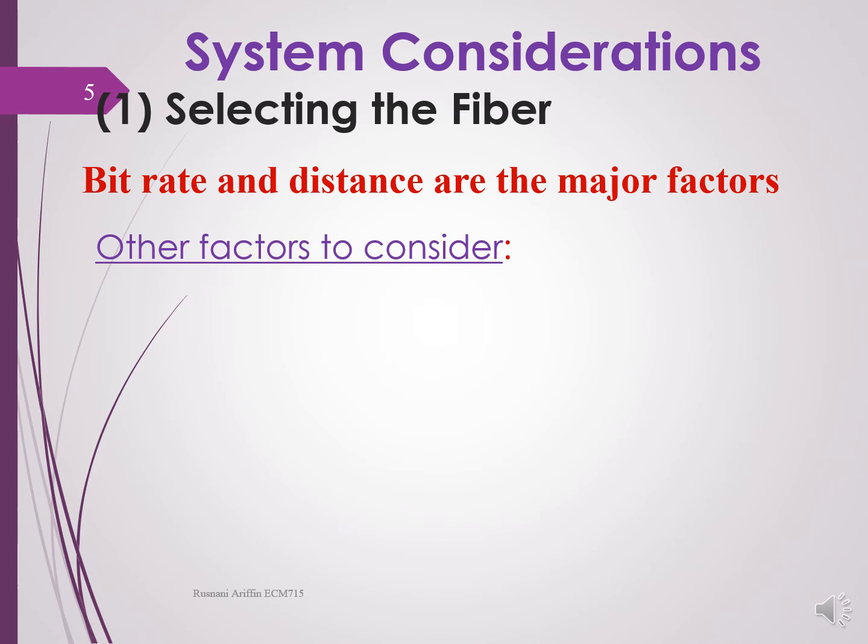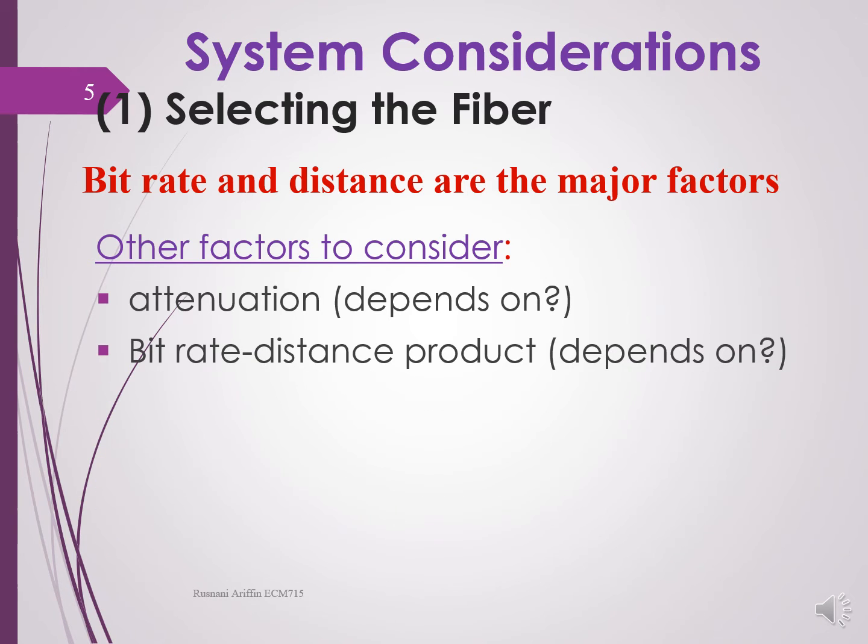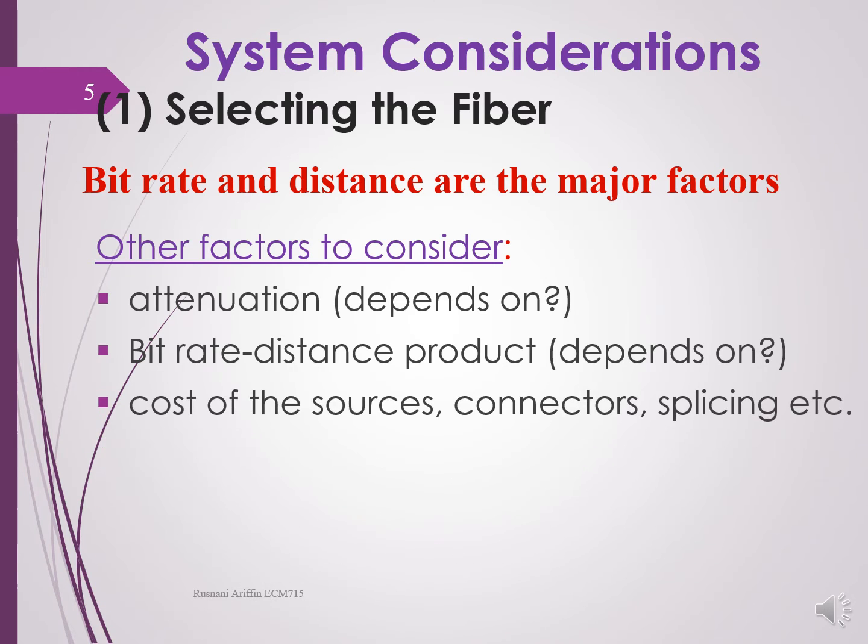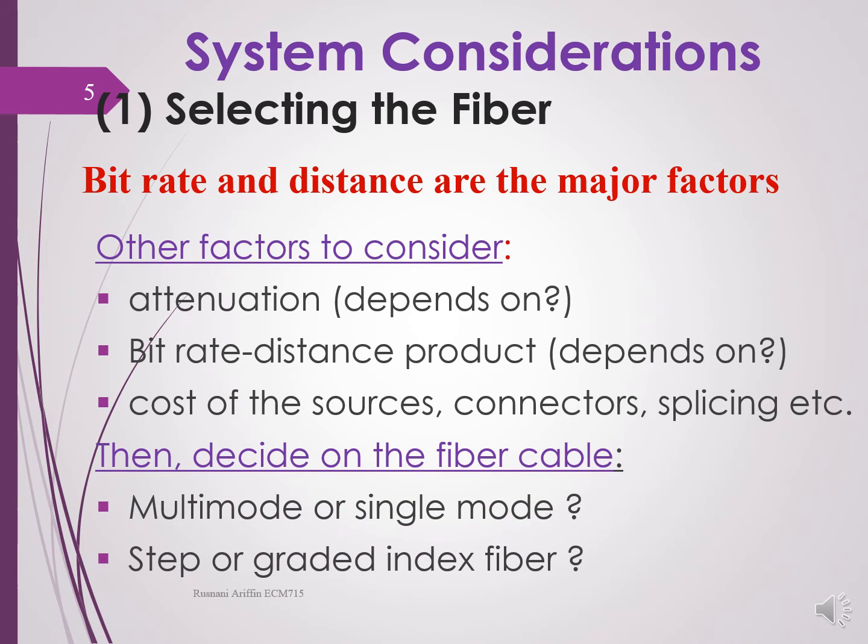Other factors that you need to consider are the attenuation of the fiber, the bit rate distance product, and the cost of the source, connectors, splicers, your detectors, and many other components. Only then can you decide the type of fiber cable that you want to use, either multi-mode or single mode fiber, and whether you want to use a step index or a graded index fiber.